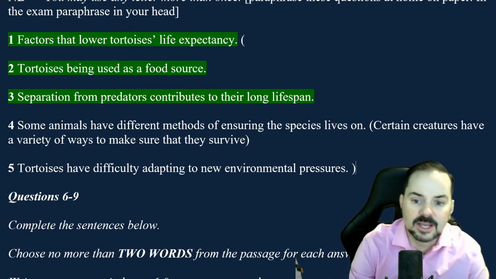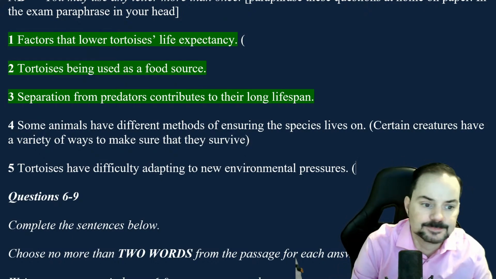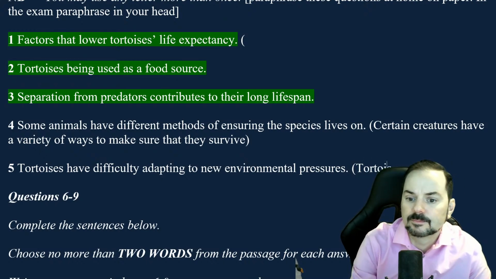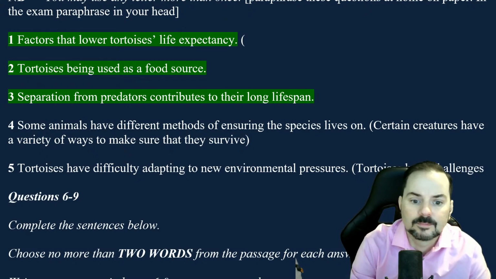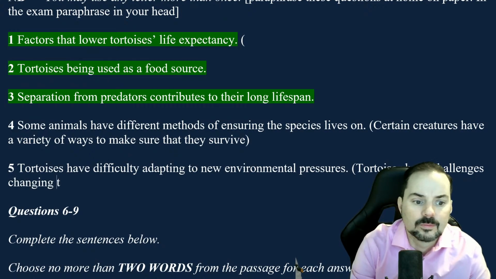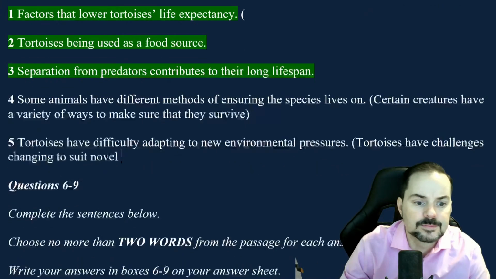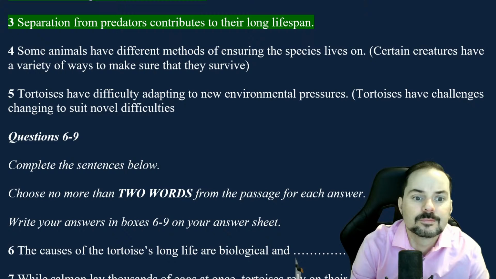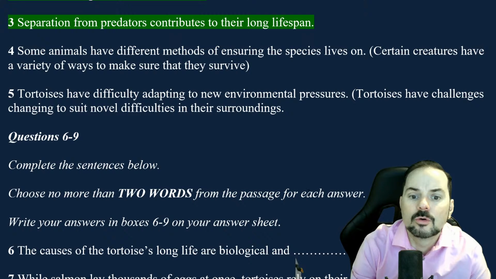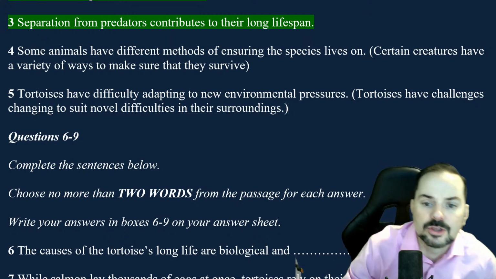Number 5, I'm going to do the same. And if you don't know a word and you're having difficulty, you can always use the thesaurus.